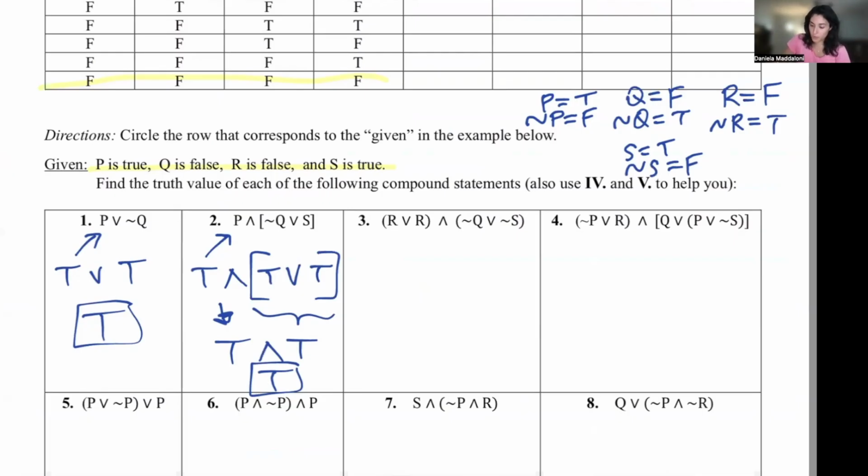First things first, we're going to substitute. We have the disjunction of R or R in parentheses. R, if we look at our key, is false, so I'm going to put false or false, then copy this down.